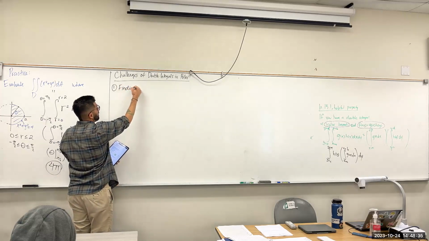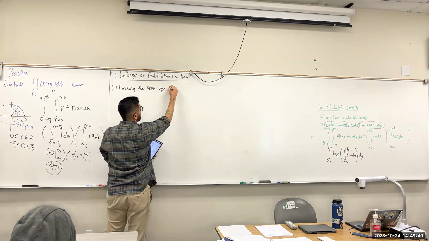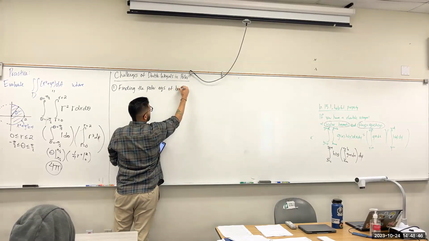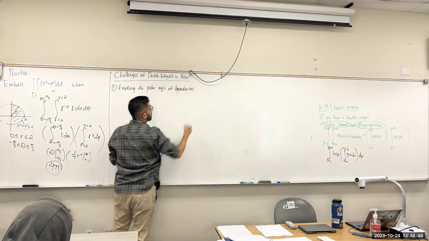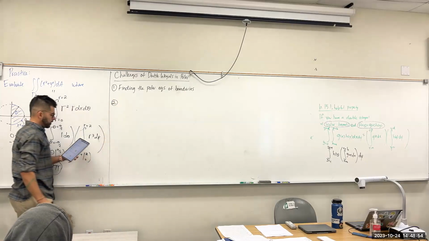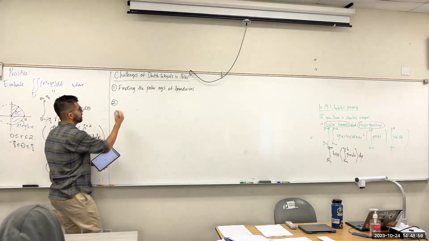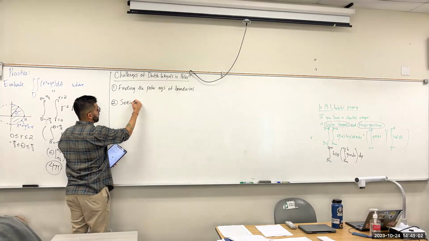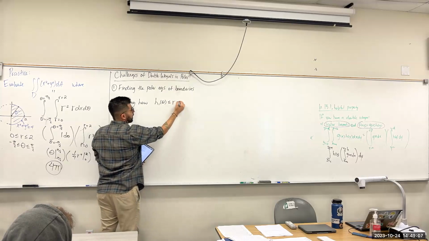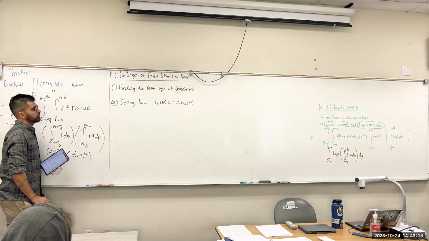The first one is finding the polar equations of boundaries. What is the h1 of theta and the h2 of theta that is in the picture? Once you find the polar equations, it's then knowing how R is bounded by them. Seeing the bottom one bounds R and the top one bounds R, and see how that happens.